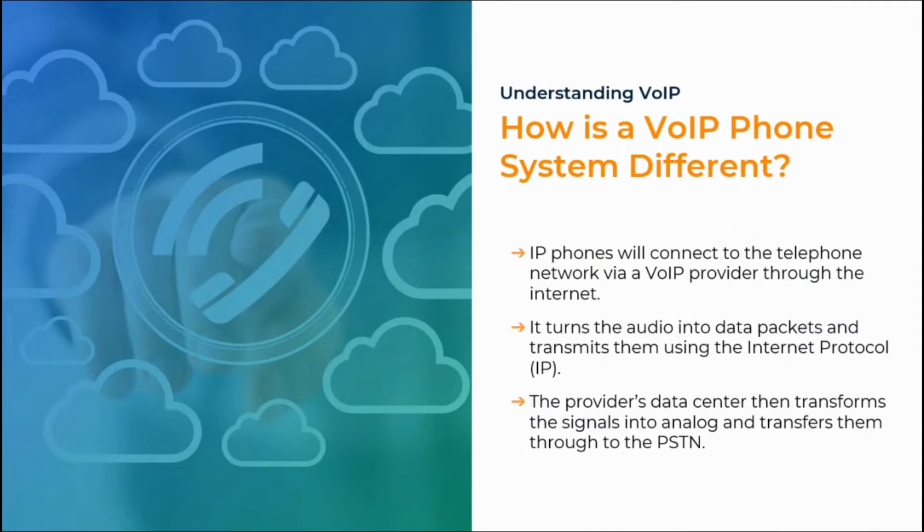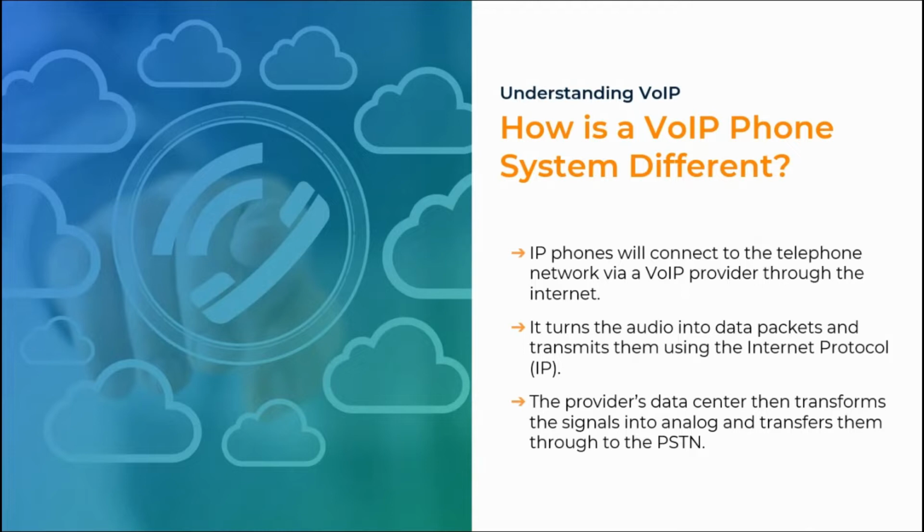Before we jump into the details, we should establish what sets VoIP apart from the analog systems and phones. An analog telephone connects directly with the PSTN, the public switch telephone network, through dedicated landlines. And phone calls are facilitated by the local telephone company, effectively requiring a direct connection to a phone jack. Whereas IP phones connect to the telephone network via a VoIP provider through the internet.